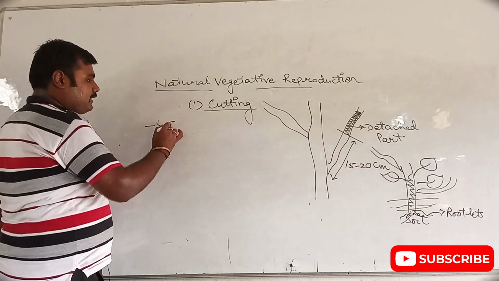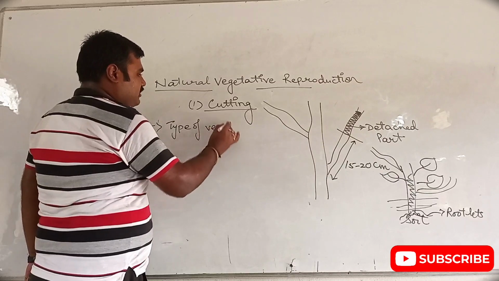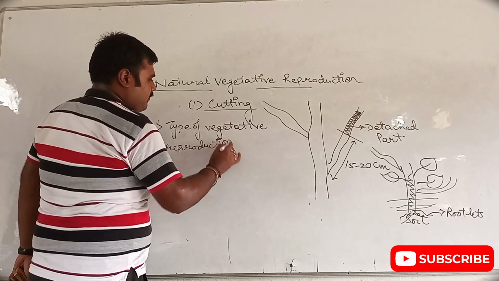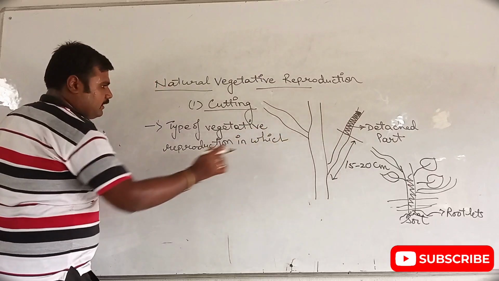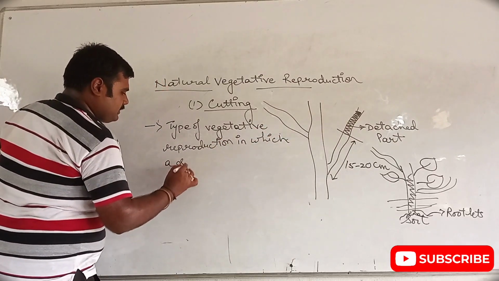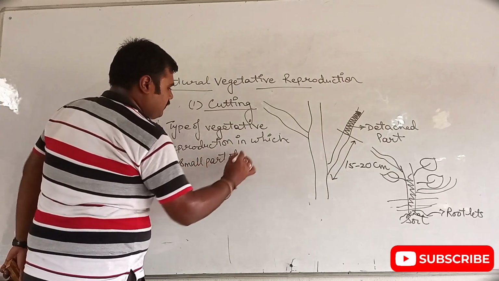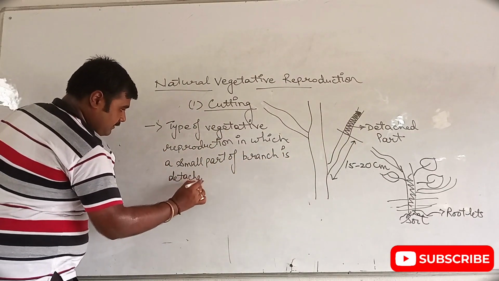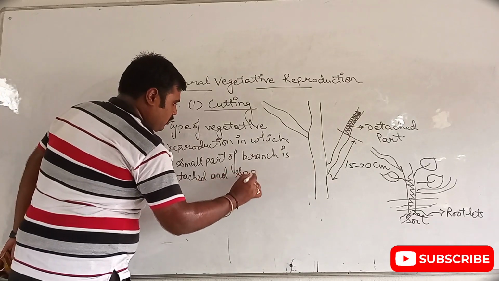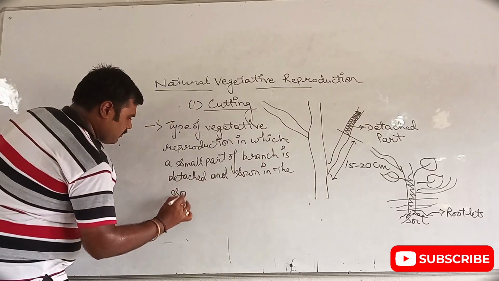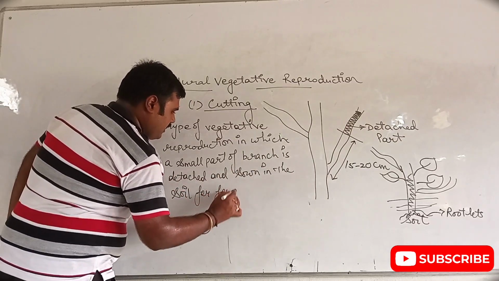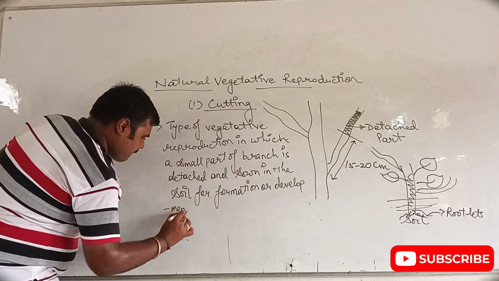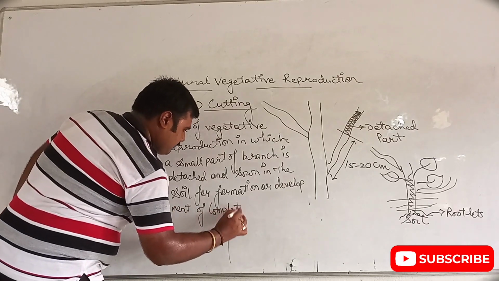So cutting is the type of vegetative reproduction in which a small part of a branch is detached and sown in the soil for the development of a complete plant.